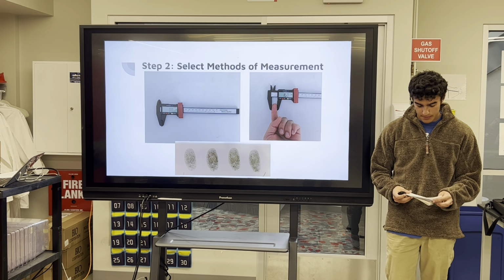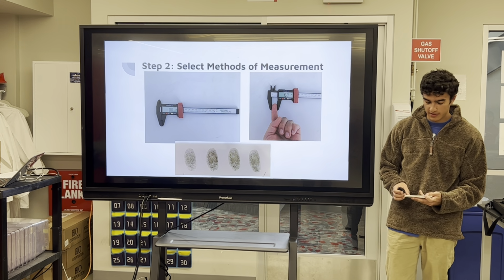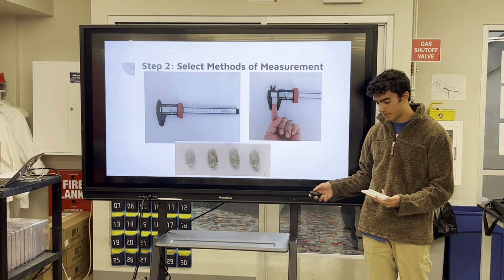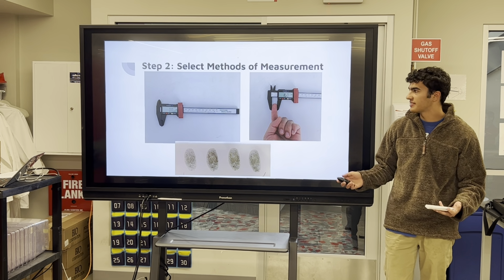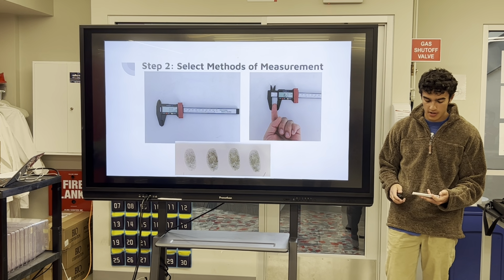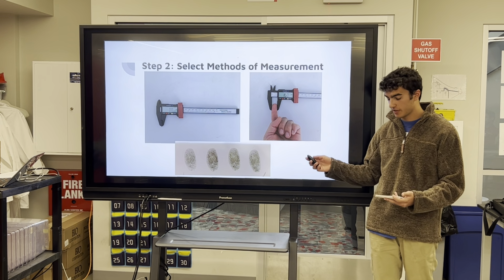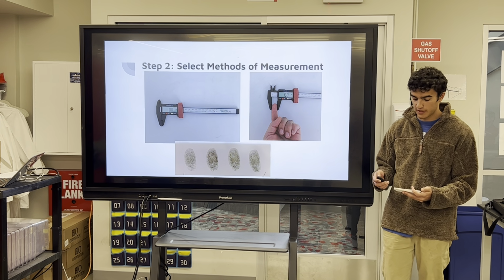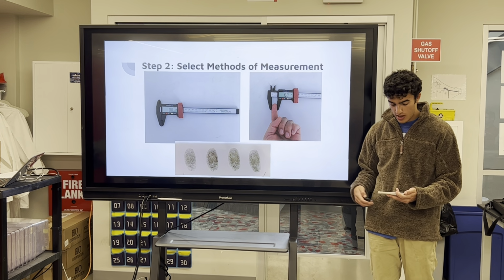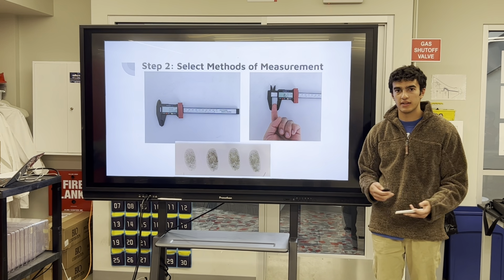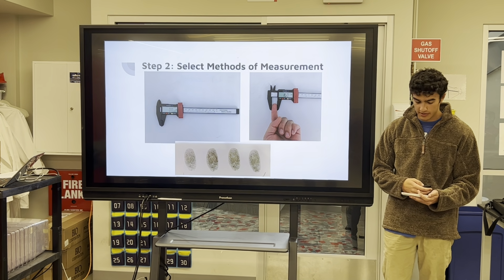So the second step was selecting my methods of measurement for fingers. And this may sound like a self-explanatory step, but through trial it became quickly apparent to me that measuring a finger with just a straight edge ruler was not an easy thing to do, and it's not a very accurate way to do it either.